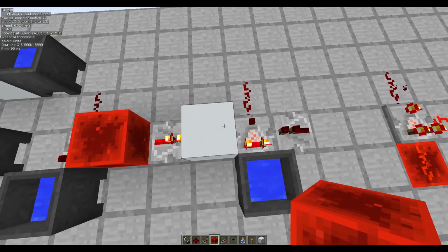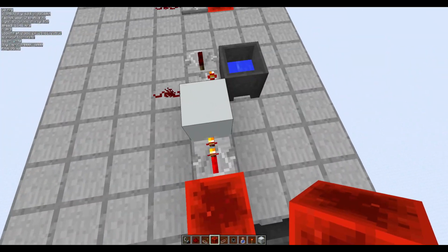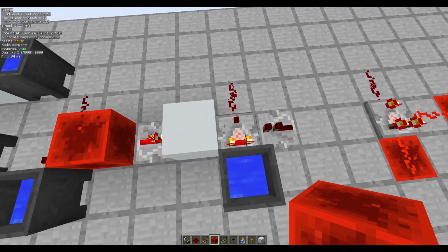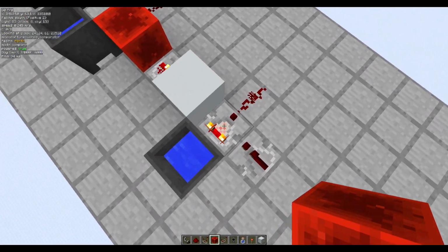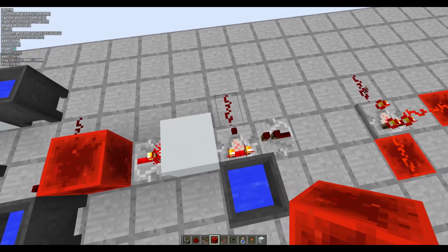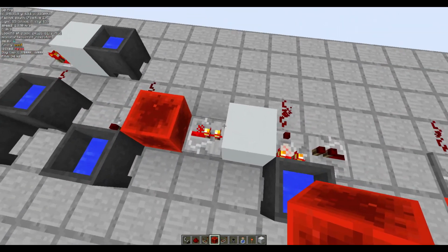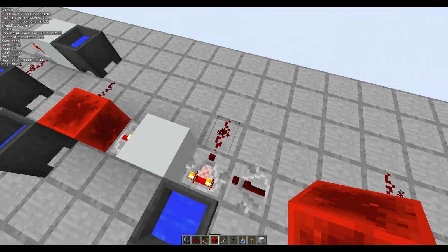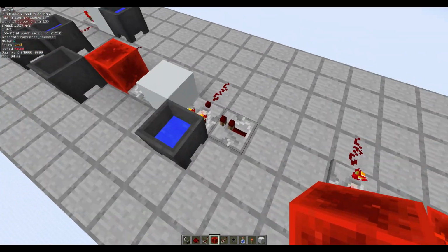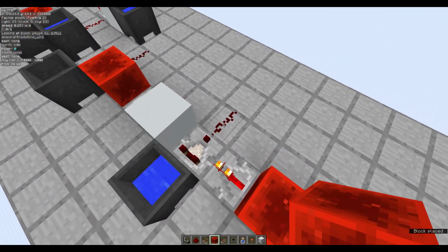So yeah, this is also another critical thing to understand, is that you have to put a direct input into the comparator in order for it to use the compare mode. And so yeah, you would expect this to be 0, but it's outputting power level 1. But if I put the repeater right next to it, it will turn off.